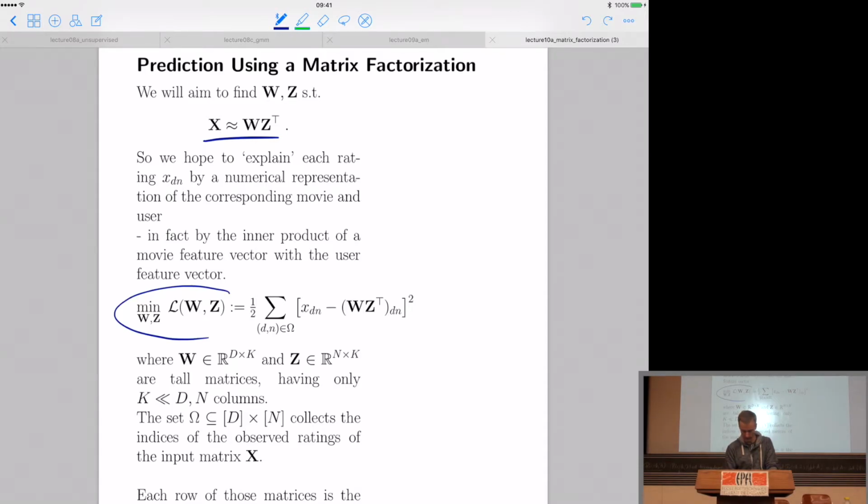And what it does is it checks this, how many stars did we observe here, right? So movie d, user n, has given 3 stars. And here is my model. The model predicts that, just that the d-th row of W.